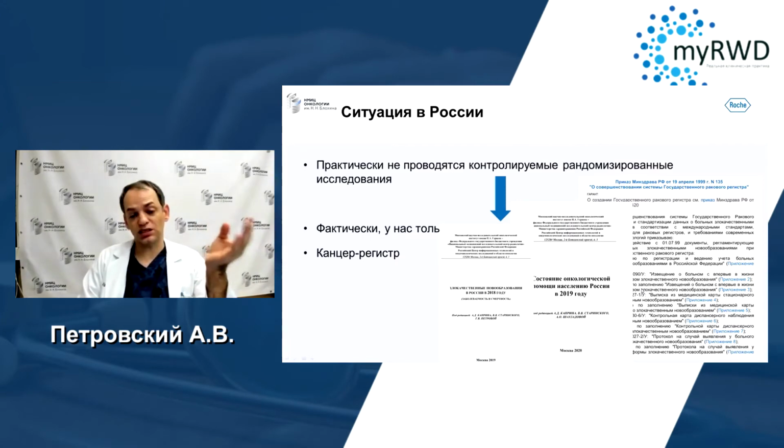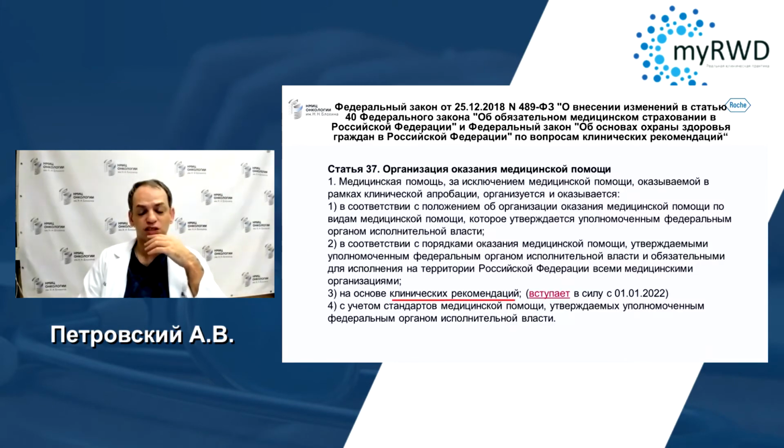Yes, we know that, but unfortunately from this cancer registry we cannot even imagine how patients are treated and what the results are, because there is no link to outcomes; our cancer registry does not provide that.